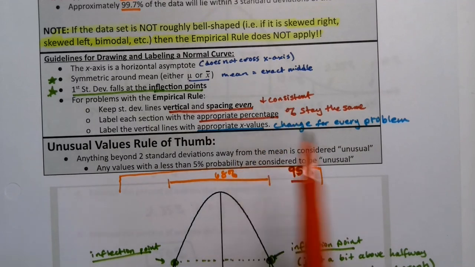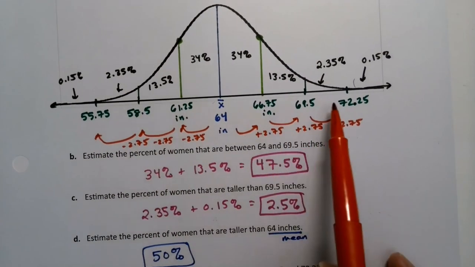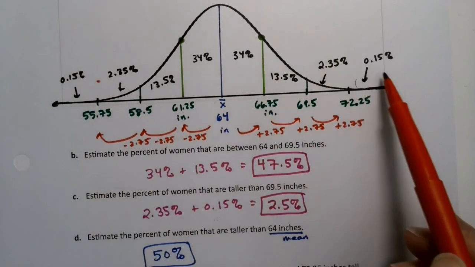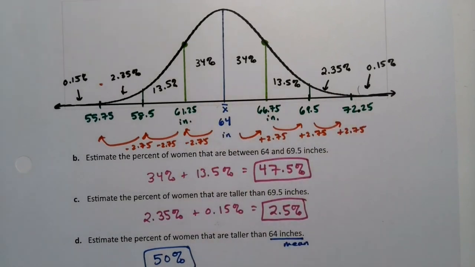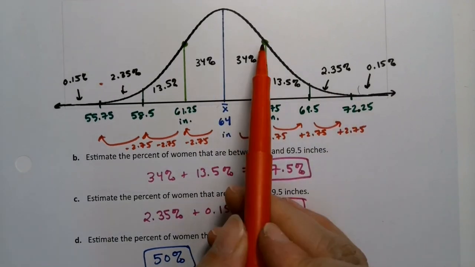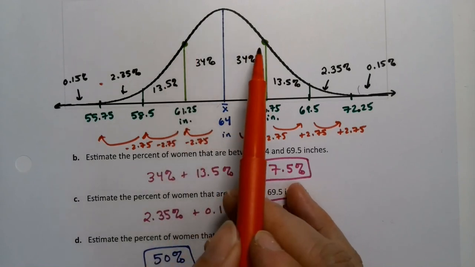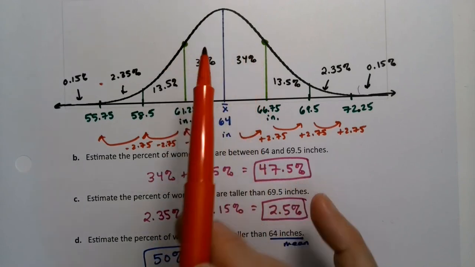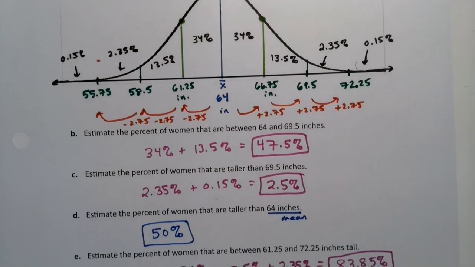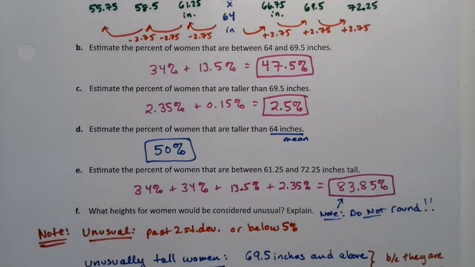The x value numbers on the x-axis change for every problem, but the percentages are always what they are. And make sure that the inflection point is where the first standard deviation falls. And then everything else will fall from it.